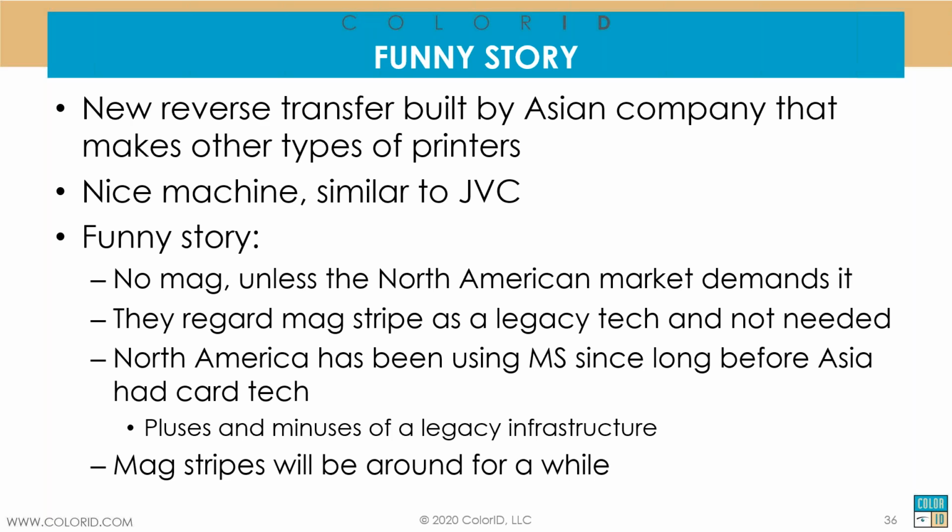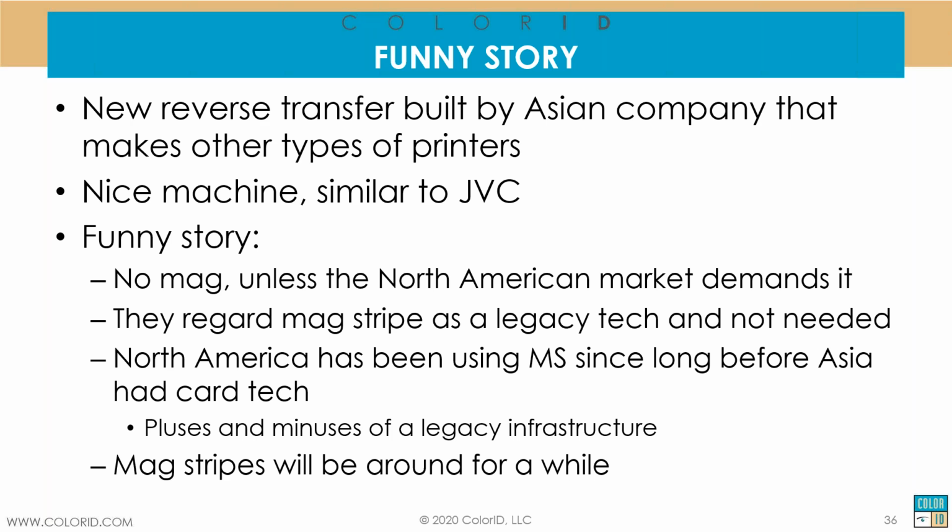And what I realized thinking it through is that Asia didn't have the 20 years of magstripe financial card transactions that we've had here in North America. They didn't use cards nearly that much. And then when they finally did start doing electronic transactions, a lot of them kind of leapt to mobile and chip cards.